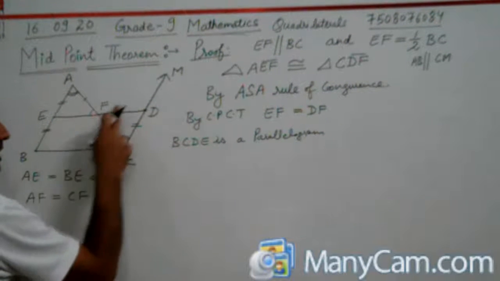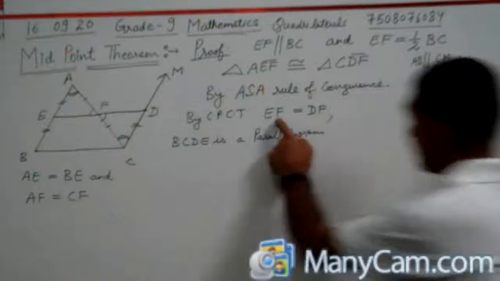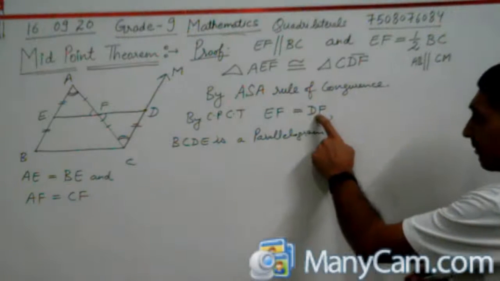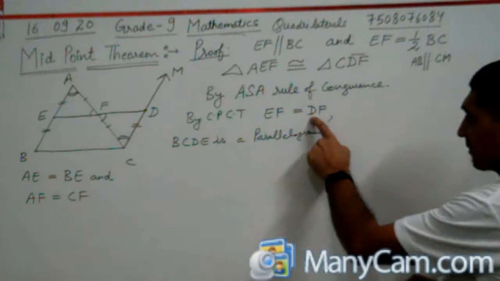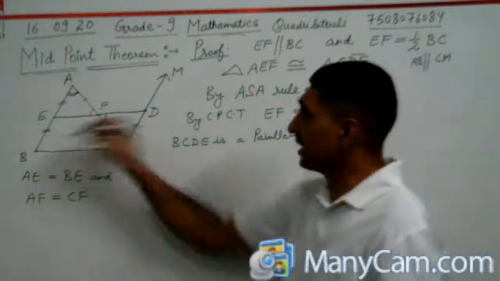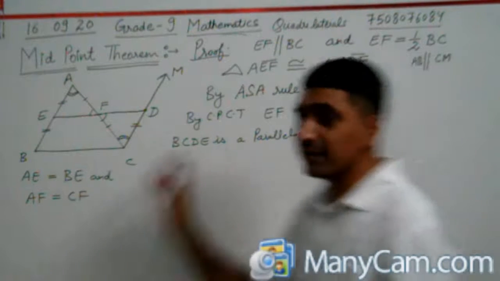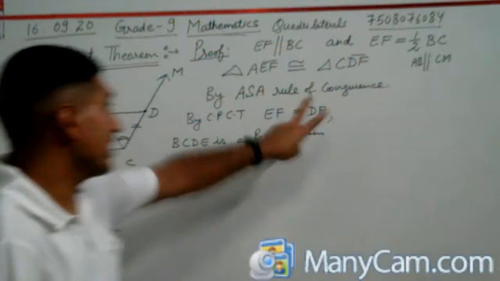See, EF is equal to DF. How will we prove it? EF is equal to DF, and EF plus DF is equal to what? ED. ED is equal to BC, right? So here the reason and the logic are important.